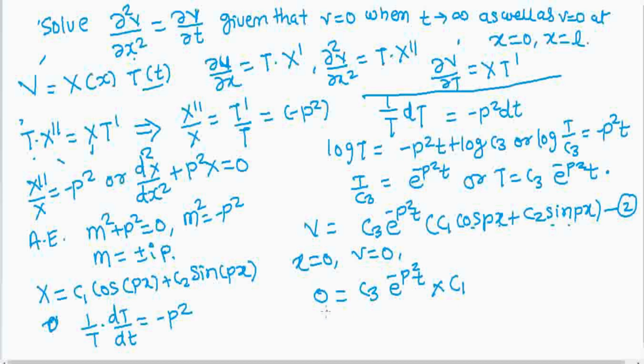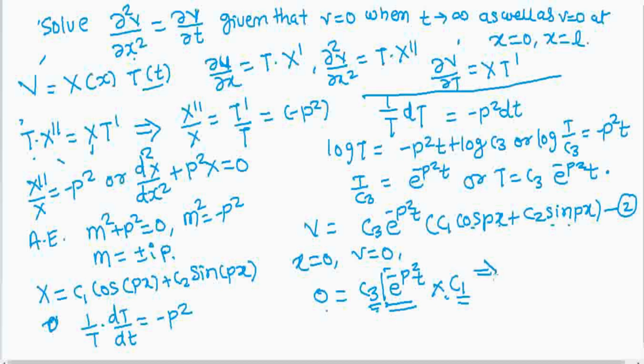Now you can see that this is equal to 0, but here a into b equal to 0, that means either a equal to 0 or b equal to 0. This is a variable term, and this cannot be equal to 0. So there are only two possibilities, either c3 equal to 0 or c1 equal to 0. But c3 cannot be equal to 0, that will give us v equal to 0.